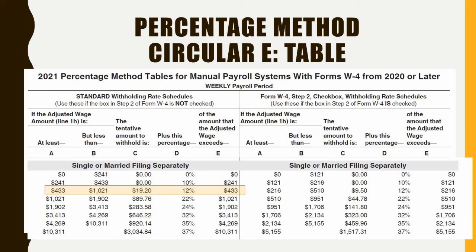And then this $19.20 is whatever the government's going to take away from you automatically. So let's review that again. She gets to claim $433 to herself. Any dollar over that gets taxed 12%, and then $19.20 is what the government's going to take from you no matter how much money you've earned.